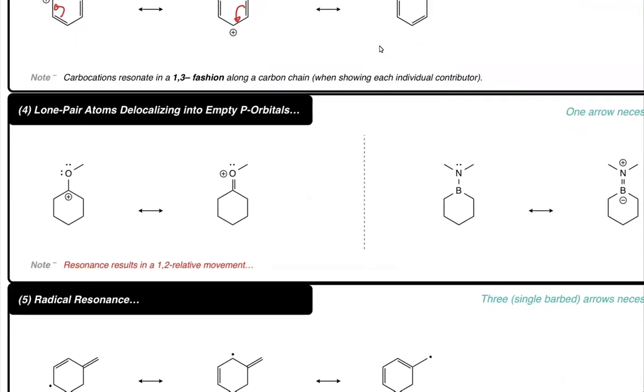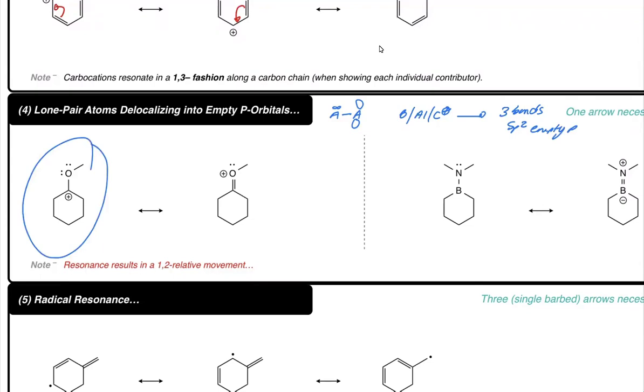Now, one of the more subtle instances of resonance is when we have a lone pair atom connected to an atom with an empty p orbital. A little bit ago, I showed you the atoms boron, aluminum, and carbocations. When making three bonds, those atoms are sp2 hybridized, and they have an empty p orbital.